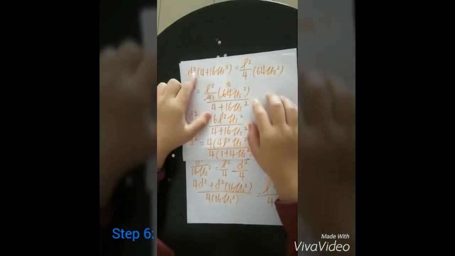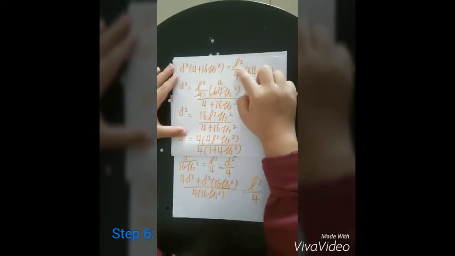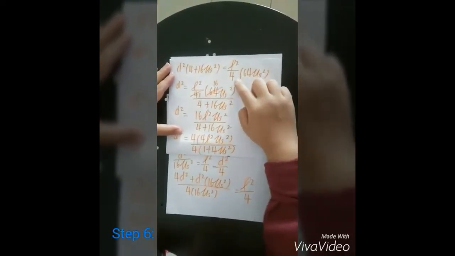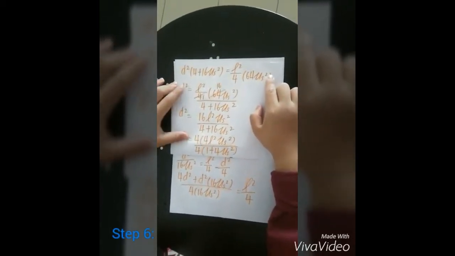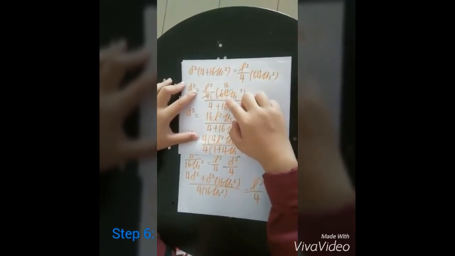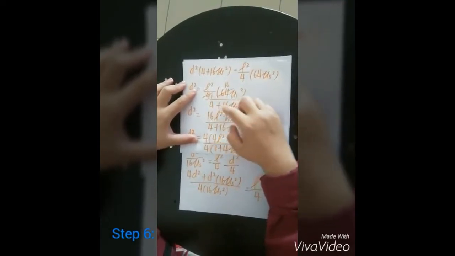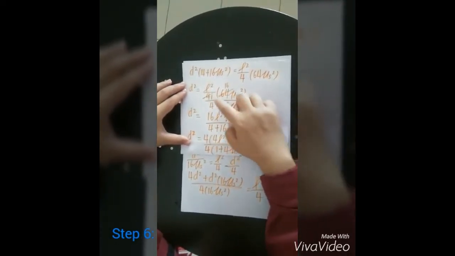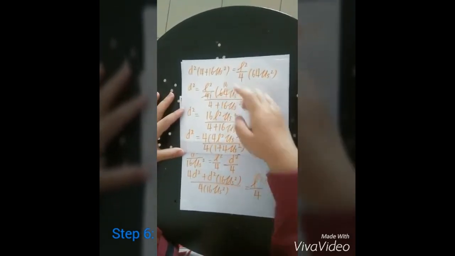Then the following step is this. d square bracket 4 16 mu s square equal to L square divided by 4 times 64 mu s square. Then d square equal to L square divided by 4 times 64 mu s square, bracket, divided by 4 plus 16 mu s square. This and this can be cancelled, so it becomes 16.